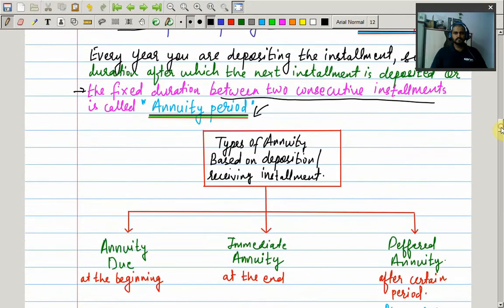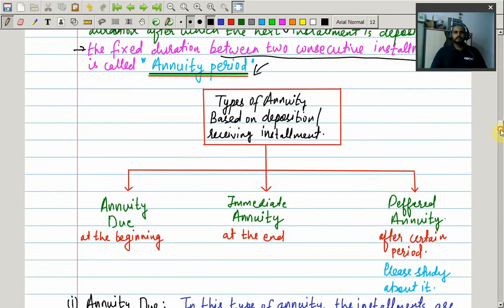So I hope these easy definitions and terms are clear to everyone. Now, coming to the types of annuity, based on depositing or receiving installments or salary in the future. Here we have three types of annuities: annuity due, immediate annuity, and deferred annuity.